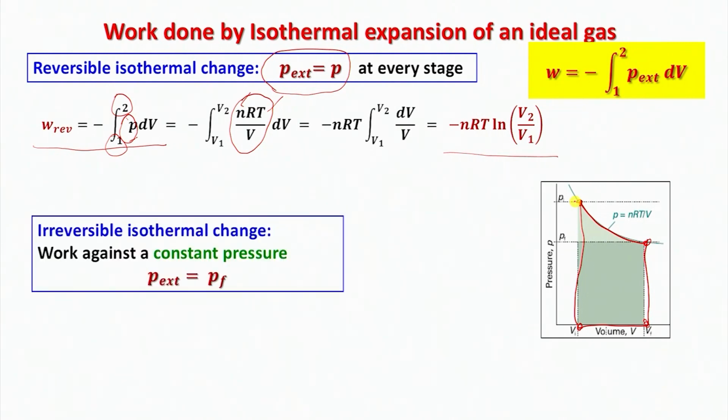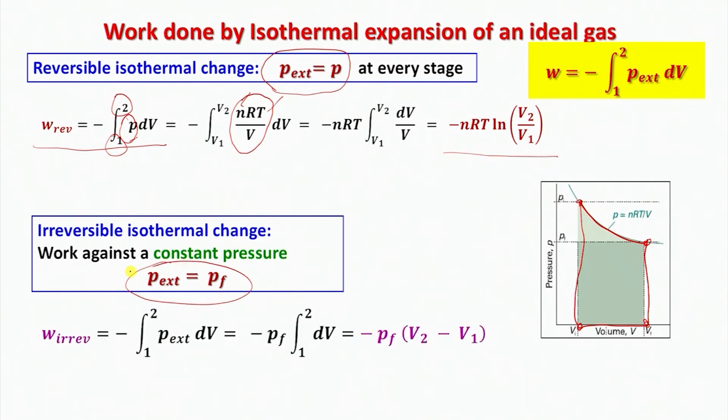Now, if I think about an irreversible isothermal change where work is being done against a constant pressure where P external is equal to Pf, you understand now that this irreversible work done will have this P external still here, and I can take it out of the integration simply because the work is being done against this constant pressure.